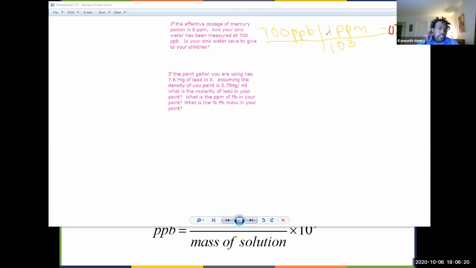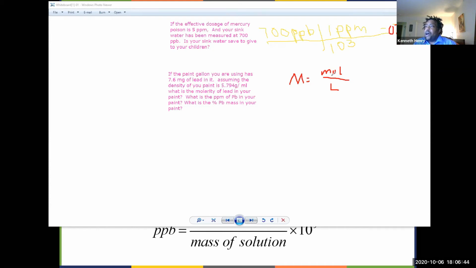Okay, so let's start off with the easy one. Molarity. What is the definition of molarity? Mole solute per liter solution. Yeah, moles over liters. So I want moles over liters. That's ultimately what I want to get at.